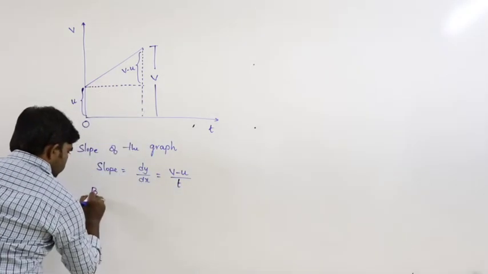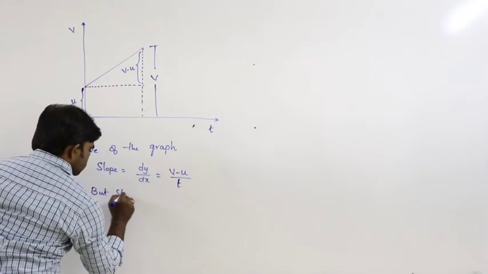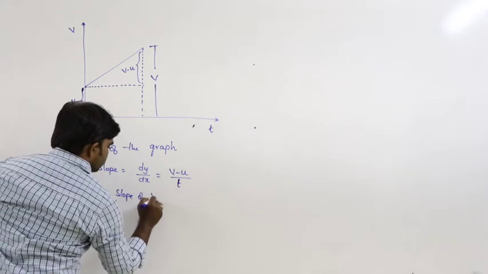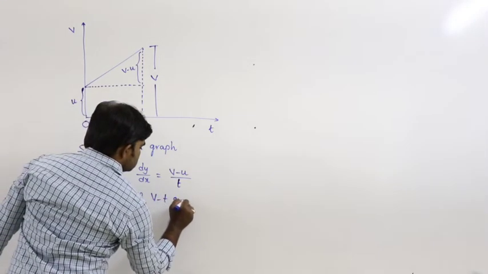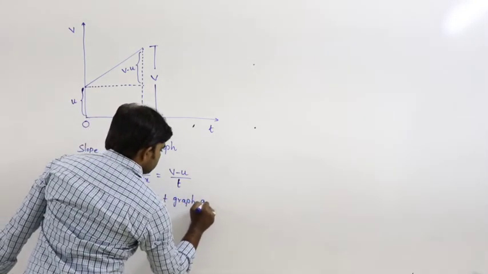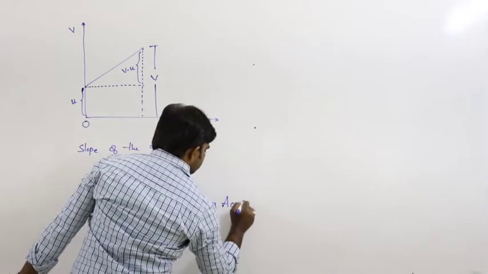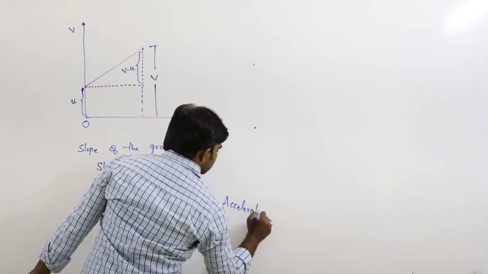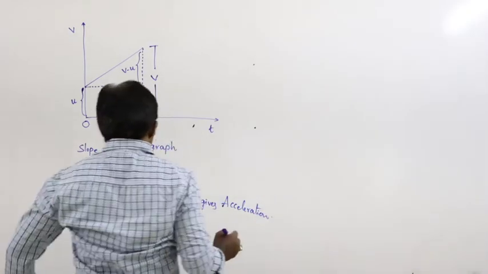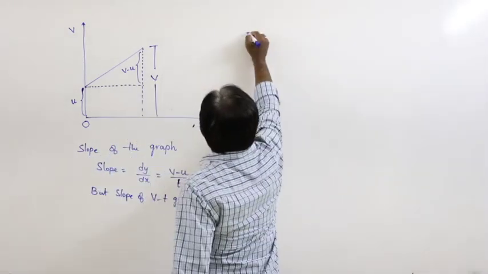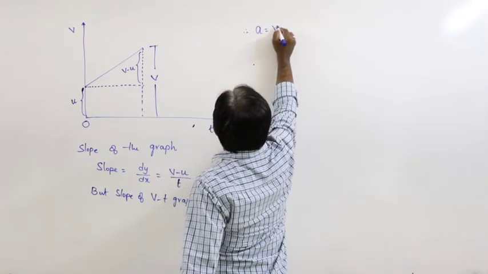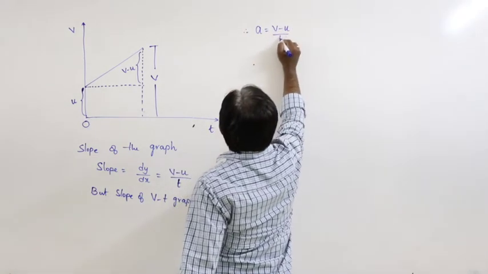But we know the slope of velocity time graph gives acceleration. Therefore acceleration can be written as v minus u by t.